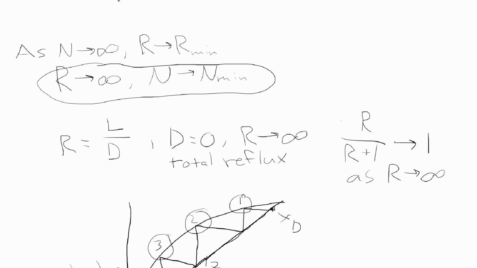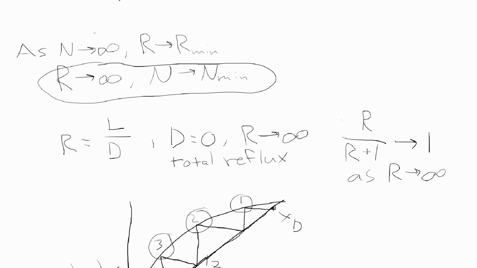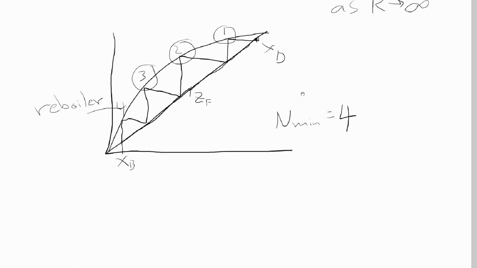Now, let's look at the other side of the trade-off. Achieving the minimum reflux ratio at an infinite number of stages. Well, first of all, we'll think about what the McCabe-Thiele construction needs to look like at minimum reflux ratio. So we'll draw those axes again with the operating line and the equilibrium curve.